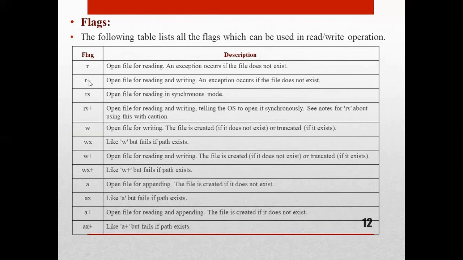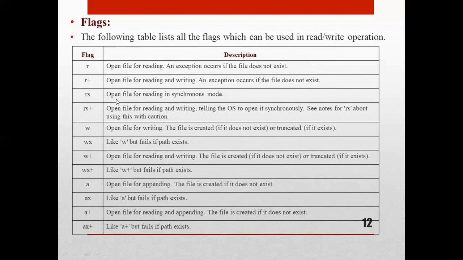The next flag is r+, open file for reading and writing. Similarly, it will give an exception if that file does not exist. Then the next flag is rs. rs means open file for reading in synchronous mode. Then rs+, open file for reading and writing, and telling the OS to open it synchronously. Here, see the rs+.